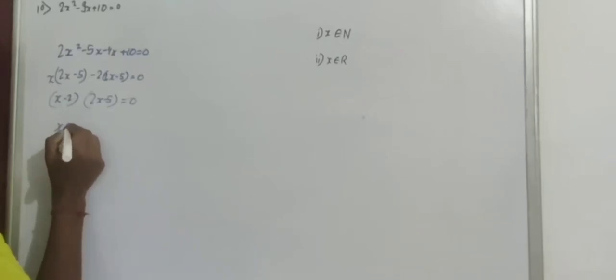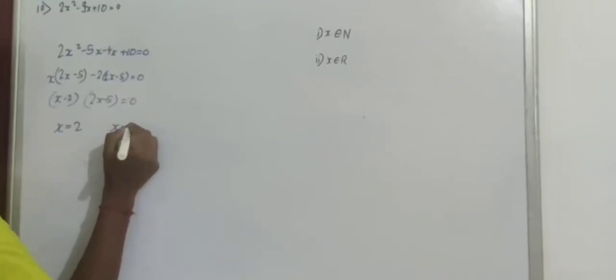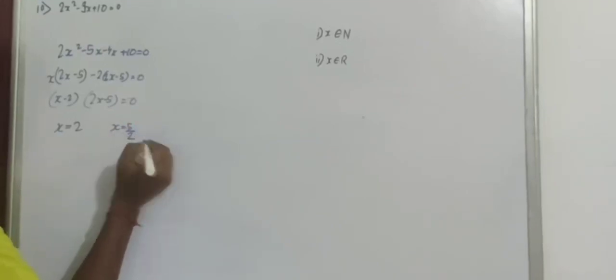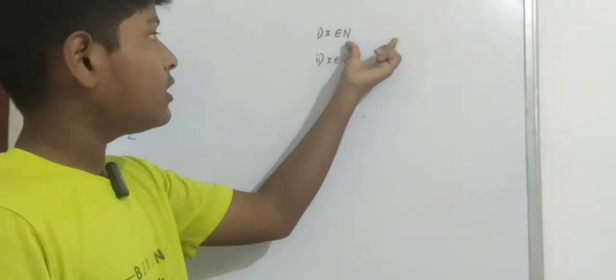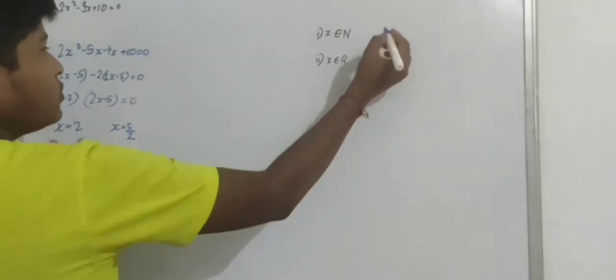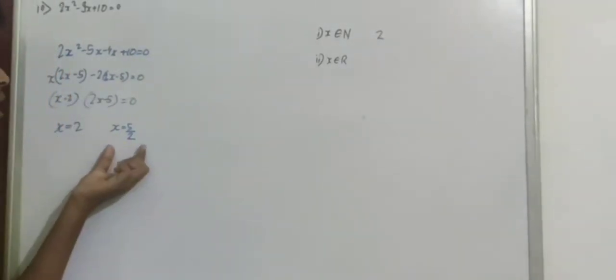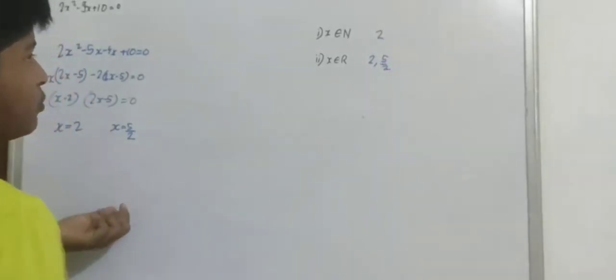Now on separating it, it will be x equals 2 and x is equal to 5 by 2. Now we have to arrange in natural numbers and real numbers. So here the natural number is 2 and the real numbers are 2 and 5 by 2 both.